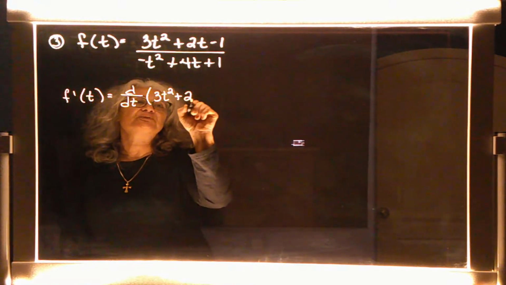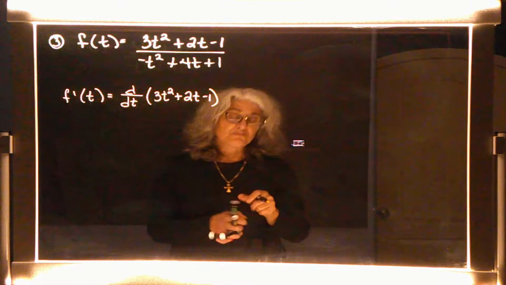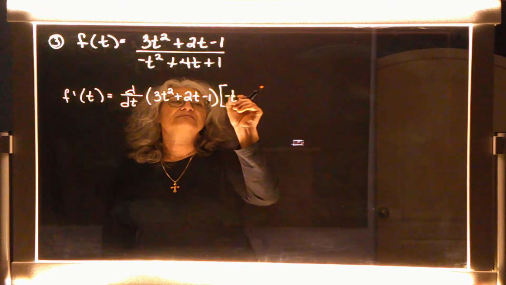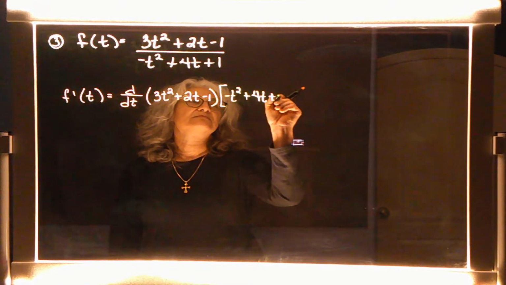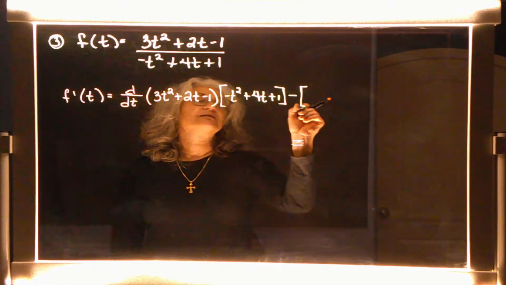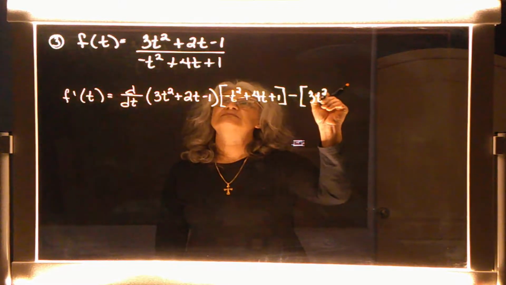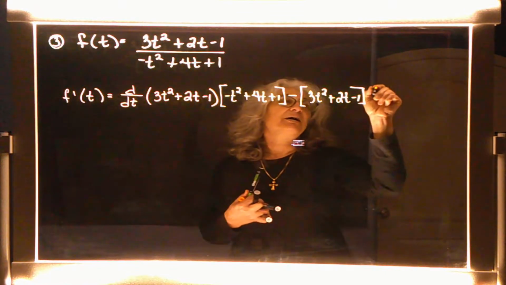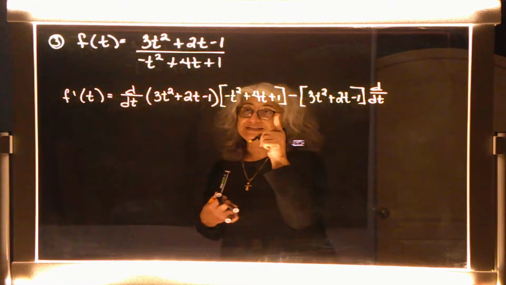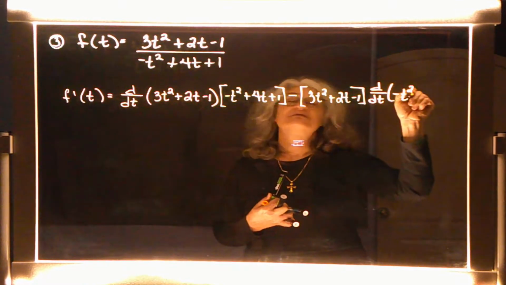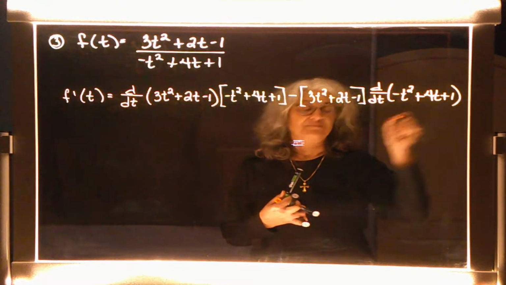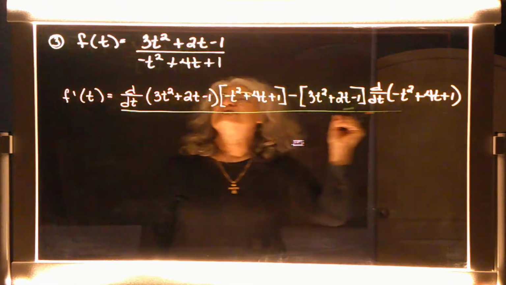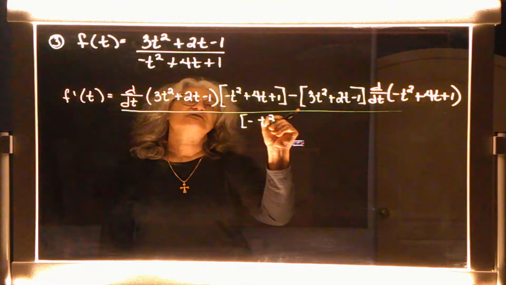So take the derivative of the numerator, multiply it by the denominator, subtract the numerator, multiply it by the derivative of the denominator with respect to t, and then this whole thing is divided by the denominator to the power of 2.